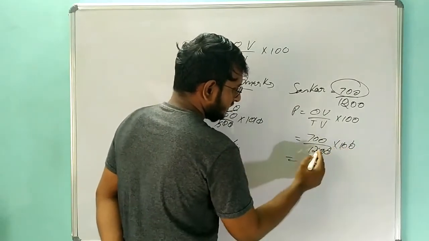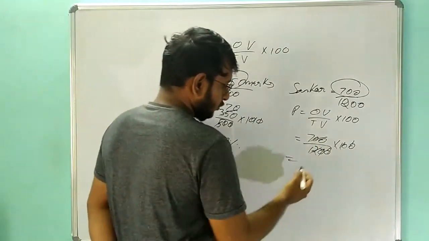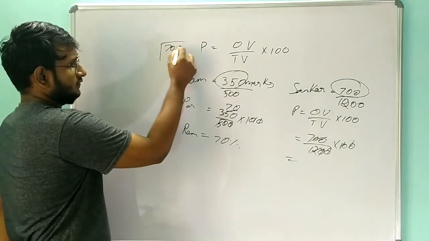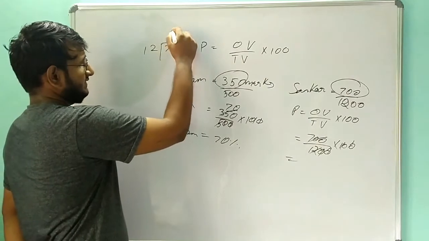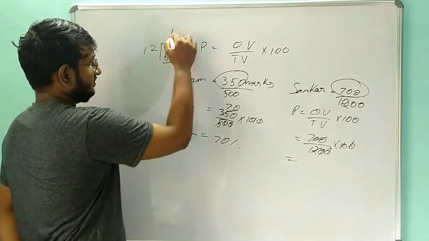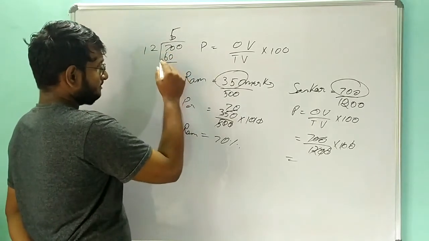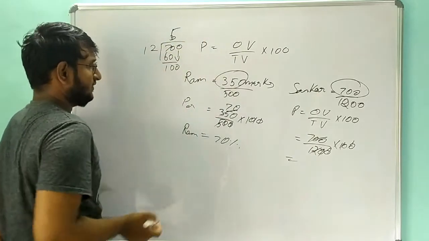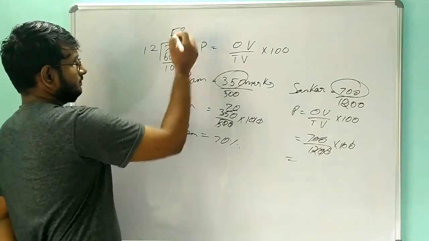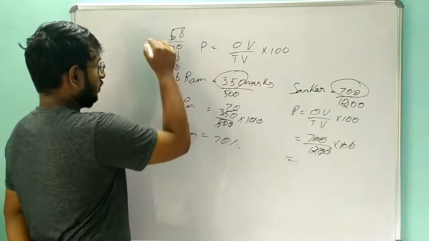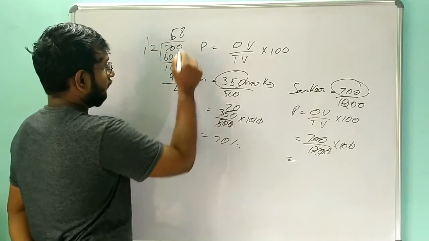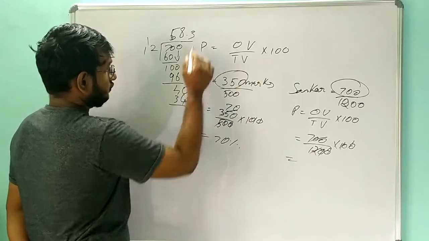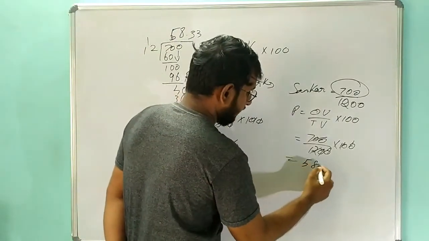So we can cancel 0, 0, then divide by 12. 12 sixes are 72, so we get 58.33. So his percentage will be 58.33.